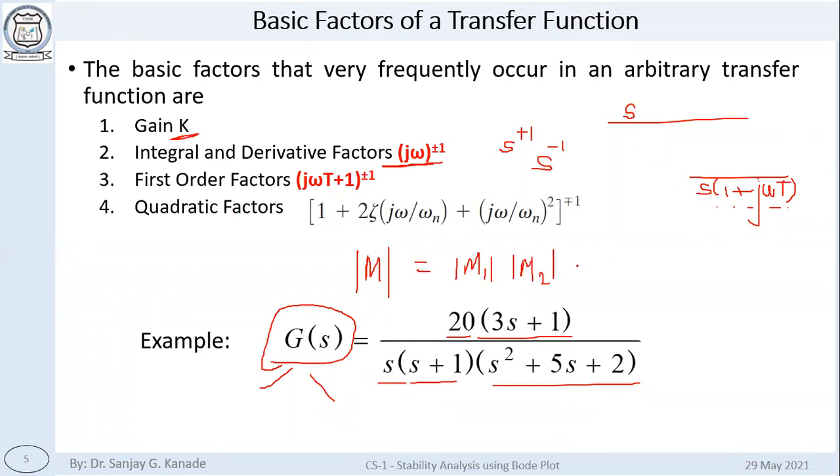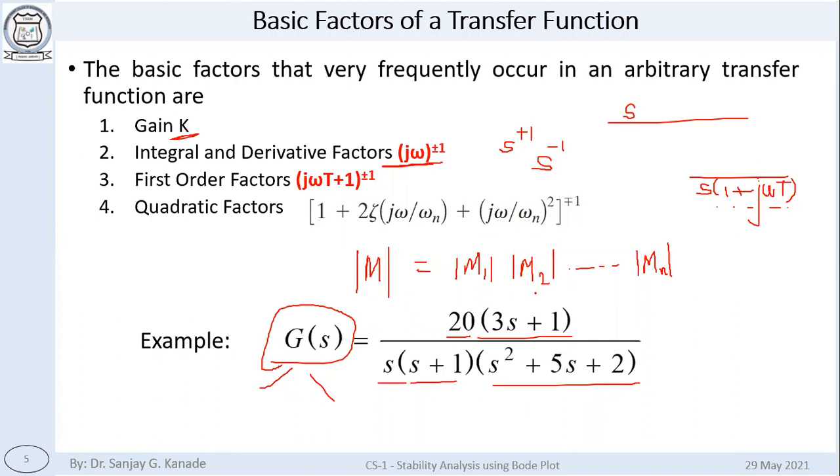We have seen this in the initial lecture. If there are total n factors, including the numerator and denominator factors, whatever factors are, everything you can represent as multiplication, right? For example, this G of s given here, we can represent as 20 multiplied by 3s plus 1 multiplied by 1 by s multiplied by 1 by s plus 1 multiplied by 1 by s square plus 5s plus 2, right? In this way also we can represent it.